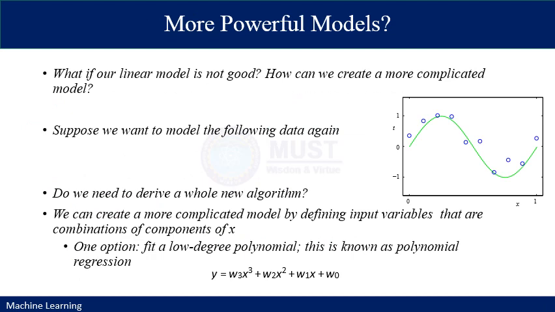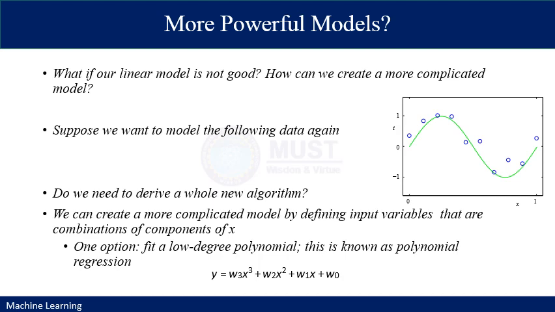However, there are some cases when you come to know that your data is more complex than a straight line, or you may have a situation when you know that your linear model is not good enough to capture the details. So how can you create a more complicated model?